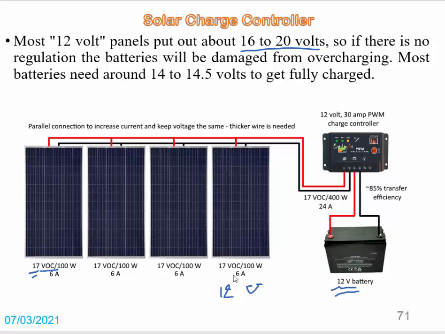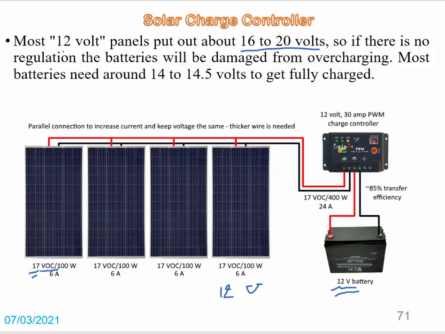So to solve this problem, we make the panels work at, for example, between 16 and 20 volts. So let's say these panels work on open circuit at about 17 volts. This is a very useful method when we have cloudy weather or fog, so we can still get voltage to charge the battery.